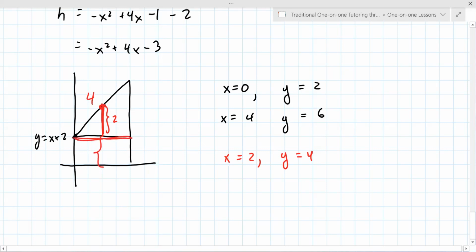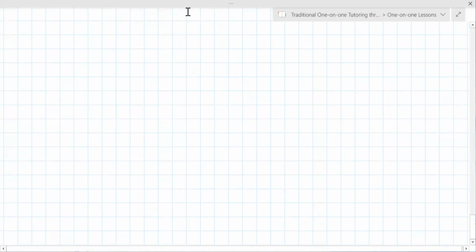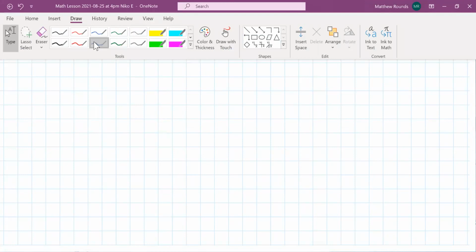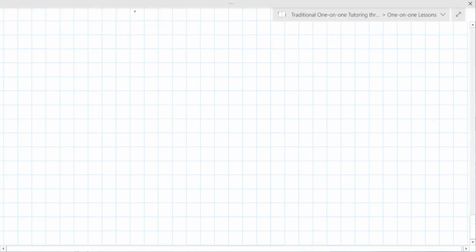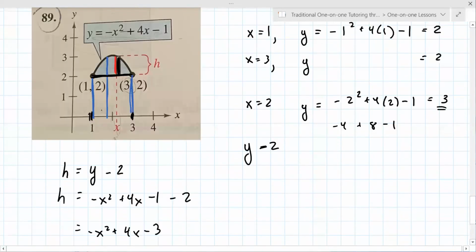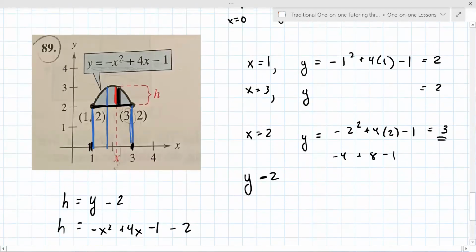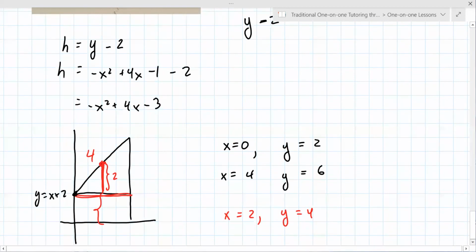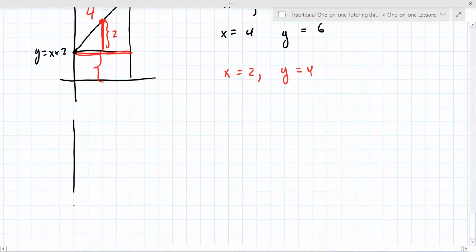Let's say I gave you a different graph where it starts higher. Wherever it starts is what you have to deal with. Here it just happened to be 2, but it very well could be something else. So let's say the equation is 4y equals 4 minus x.